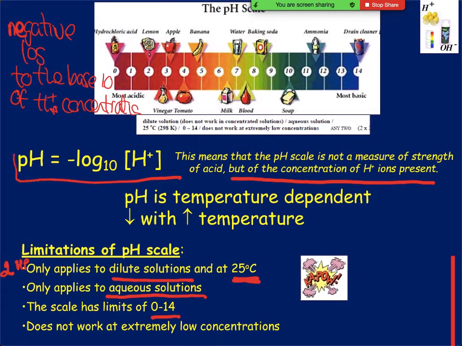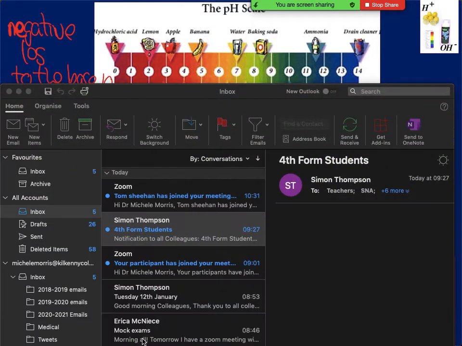This is totally acceptable as far as the SEC are concerned. They don't care. That is their definition for pH, and that is also the piece of maths you use for some of the calculations. It's just important to know that pH is temperature dependent, and that the pH scale is actually more interested in the concentration of hydrogen ions, rather than strength.